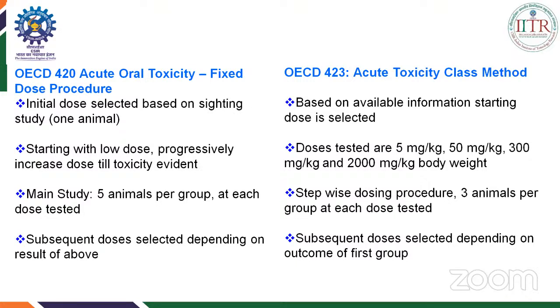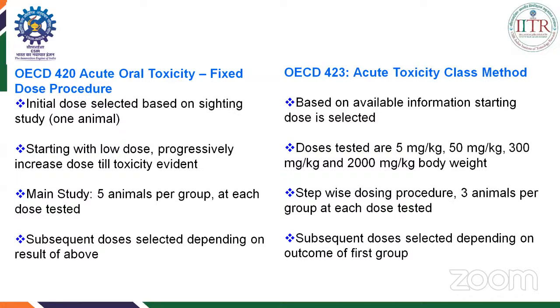Usually if prior data already indicates that it is a generally regarded as safe compound, then you start with the limit dose of 2000 milligram per kg. And if 2000 milligram per kg is safe, then the same dose is again repeated in another set of animals. So as you can see, totally 3 plus 3, 6 animals, your study will be completed.